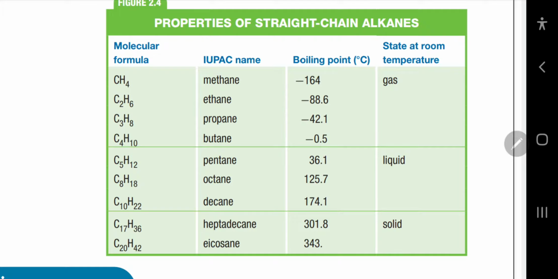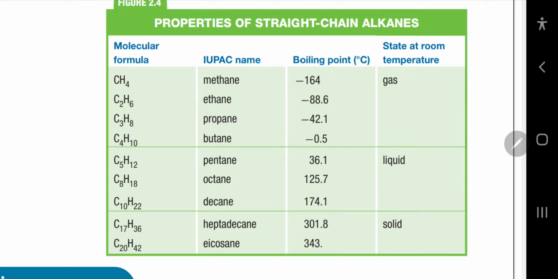And even more, for more complex compounds, for example heptadecane, C17, or C20, the boiling point increases to reach 300 or 350, so they are going to be solid at room temperature.